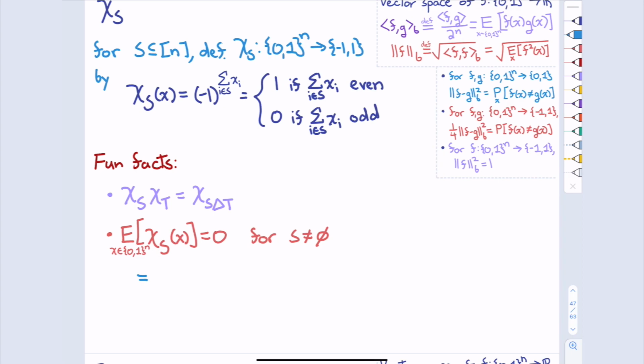In that case, we'll have the expected value of chi S of X given xn equal to 1, minus, because this is the -1 now, chi S of X given xn equal to 1. This is assuming the nth bit is in S. And then by induction, each of those is 0. And in the 1-bit case, that's easy. All right. So that's kind of cute.